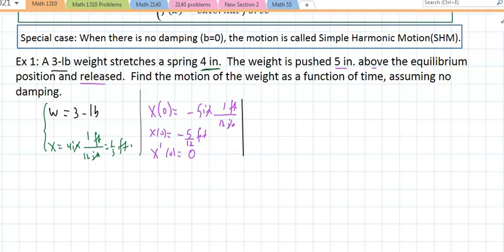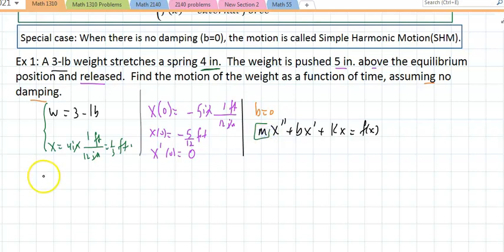And the motion of the weight: find the motion of the weight as a function of time. Assume no damping. No damping means B equals 0. So this is what I know. An equation is provided, and the equation reads m x double prime plus b x prime plus k x equals f of x. In this case, I need to find m.